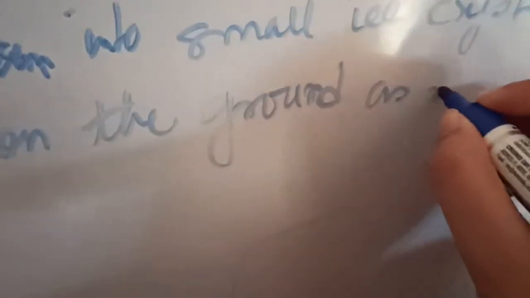When they become very heavy, they fall on the ground as rain or snow, and we call this precipitation.